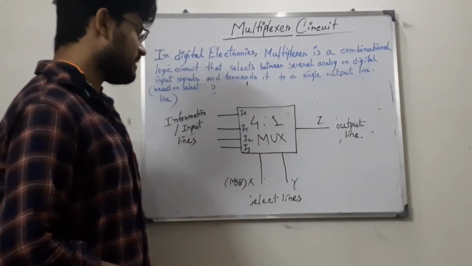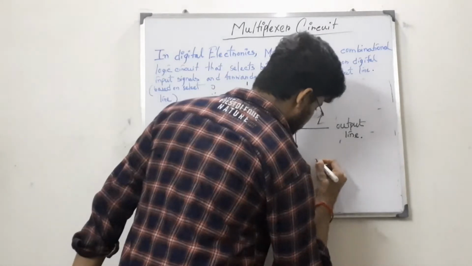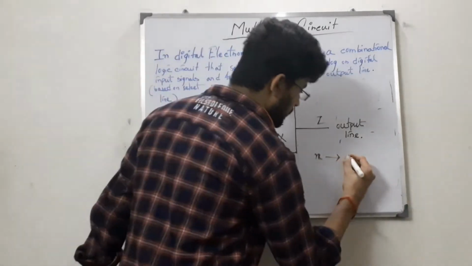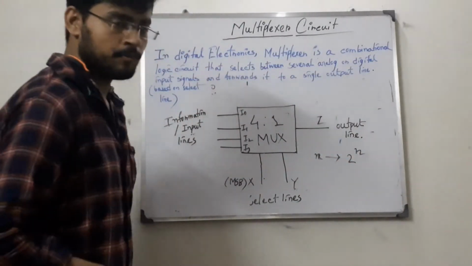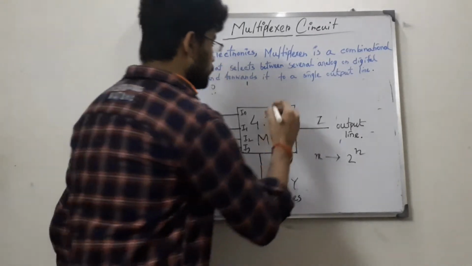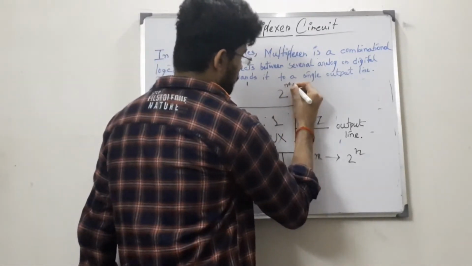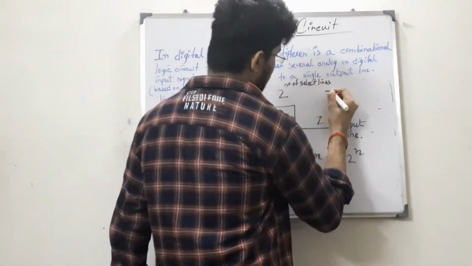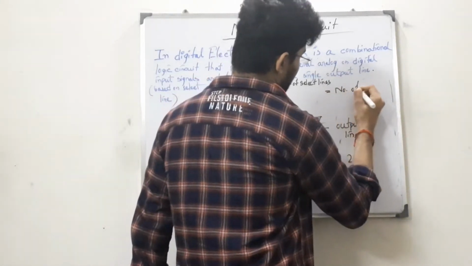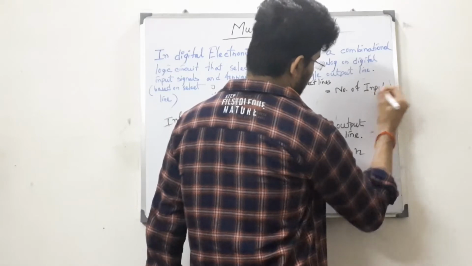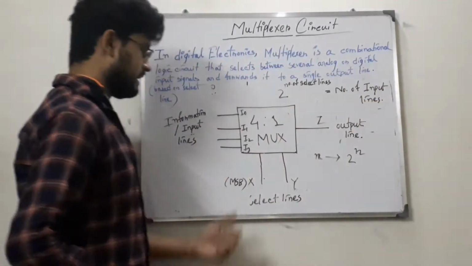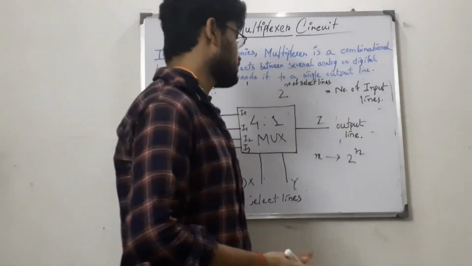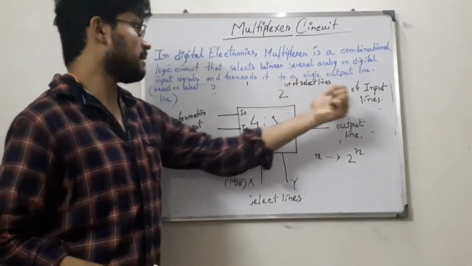So you can see a formula is there. If there are n select lines, then there are 2 to the power n informational input lines. We have to remember this formula: 2 to the power number of select lines is equal to the number of input lines.